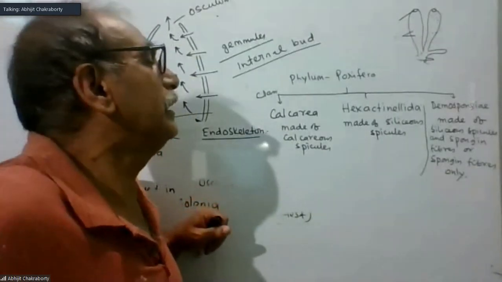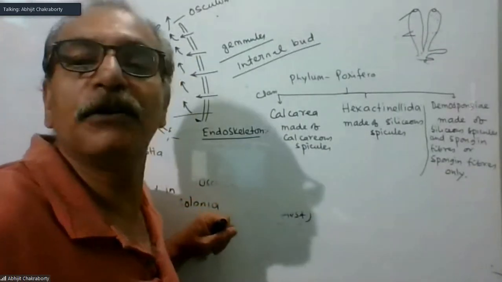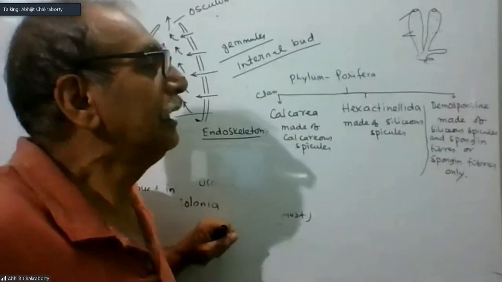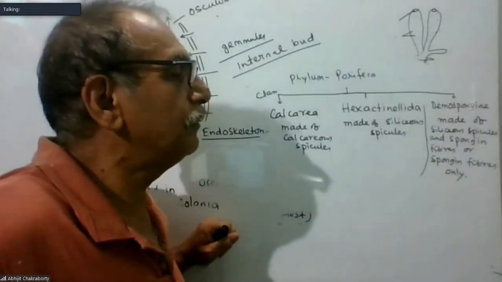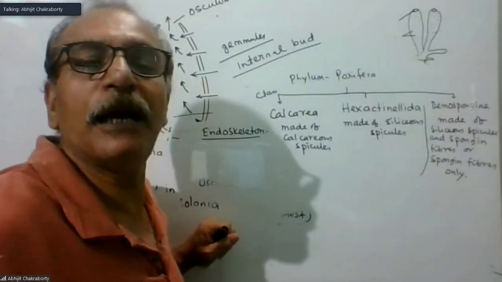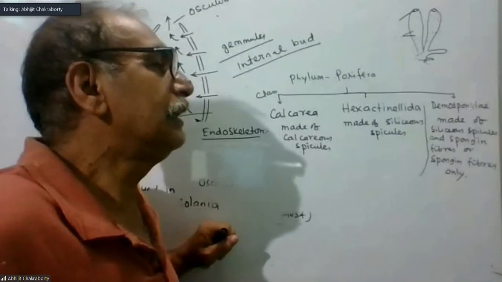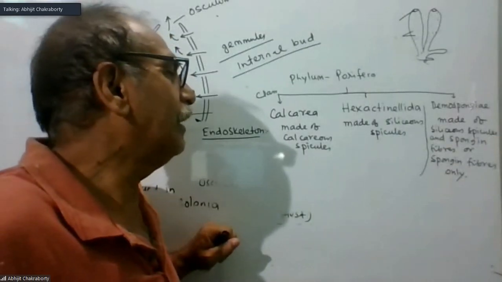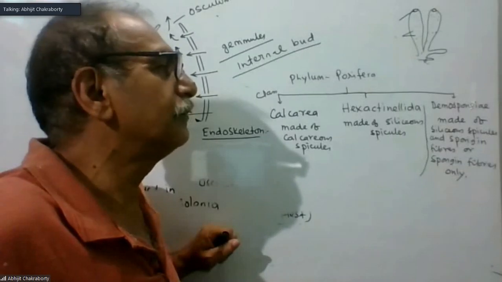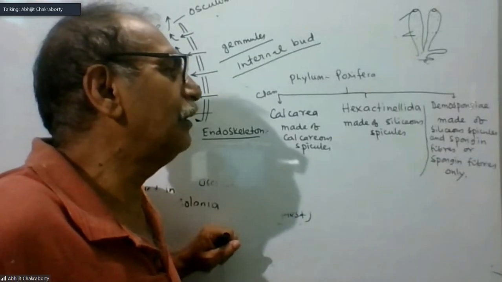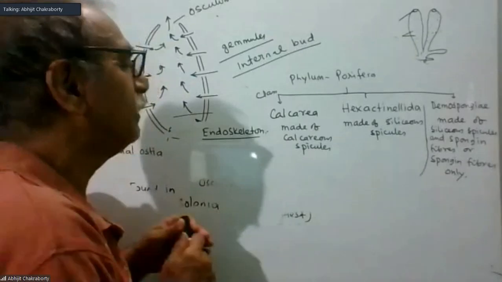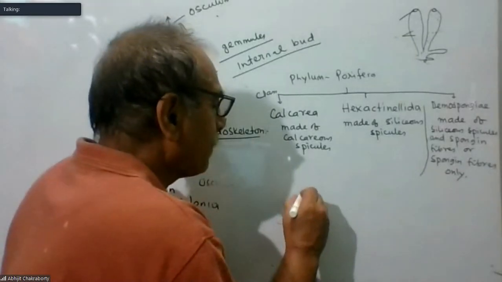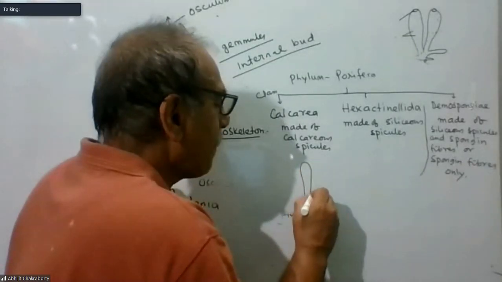In Hexactinellida, it is made of siliceous spicules. In Demospongiae, made of spongin fibers, or siliceous spicules and spongin fibers. It appears like this.